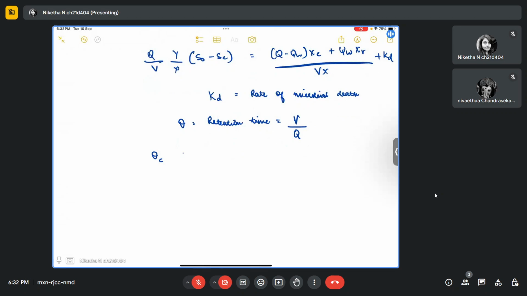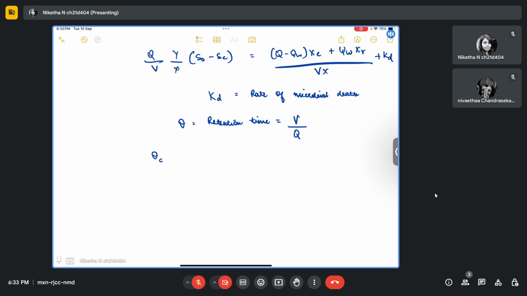This critical value is necessary because if we let the wastewater be in the tank for a short time, for example, theta c is maybe 2 days, and we let the liquid remain in the tank for maybe half a day or just 1 day, then the microbial population will not grow.